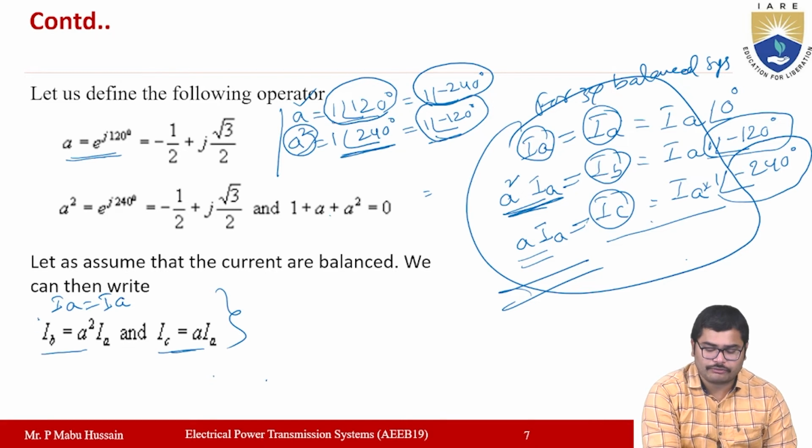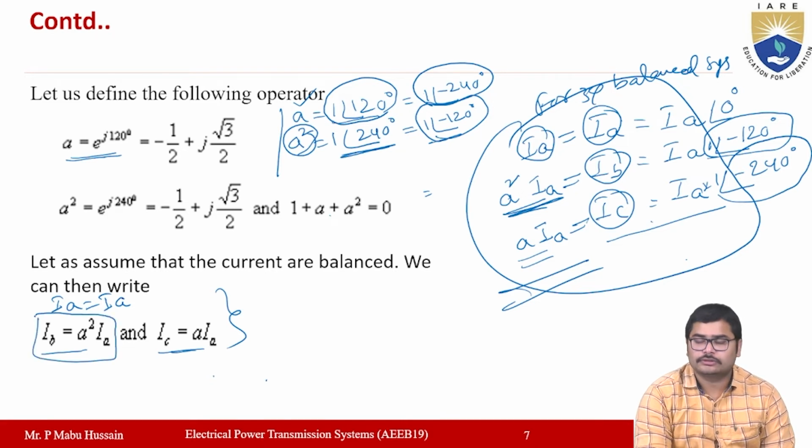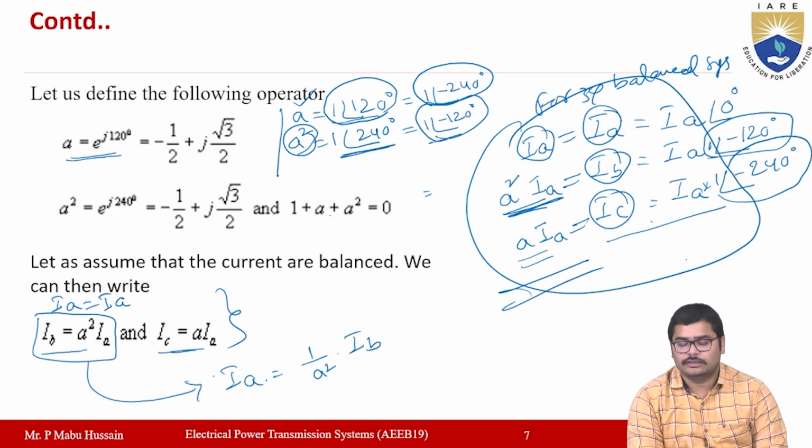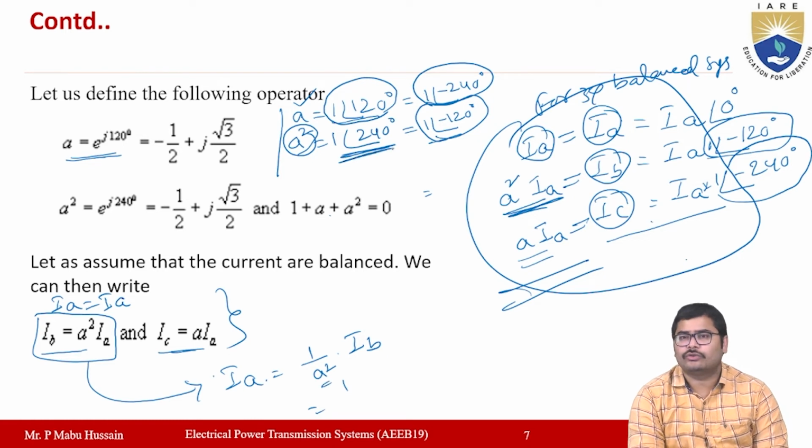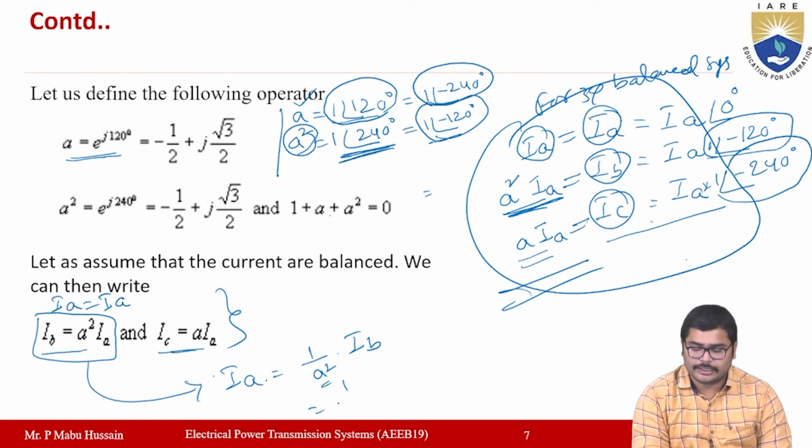From this equation, the value of IA will be equal to 1 by A square into IB. The A square value is 1 at an angle 240 degrees, so you can take 1 at an angle 240 degrees into IB.